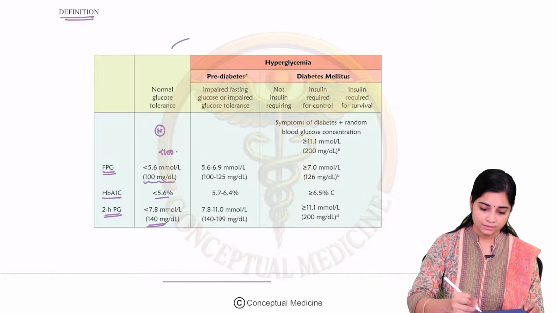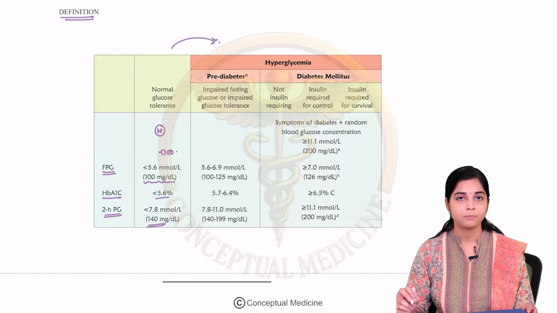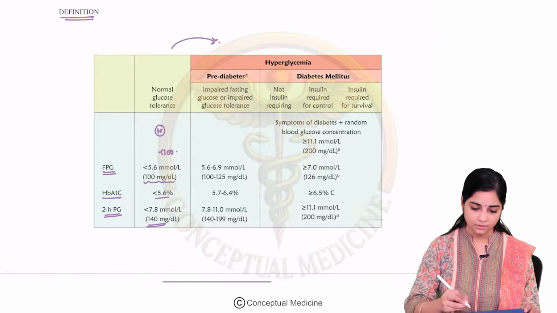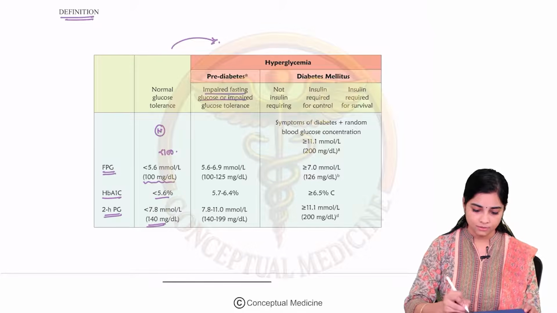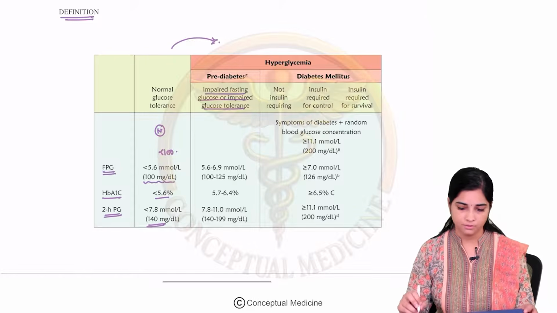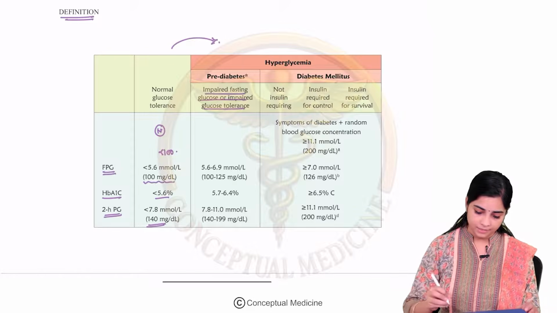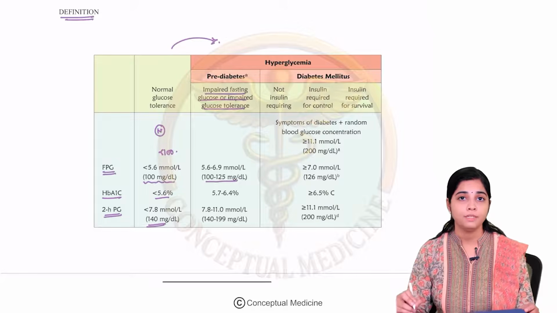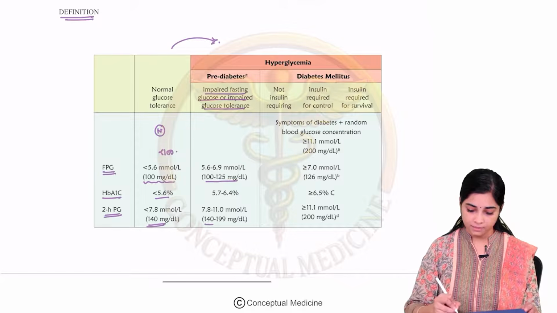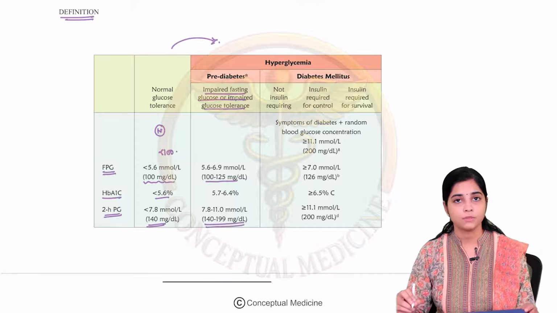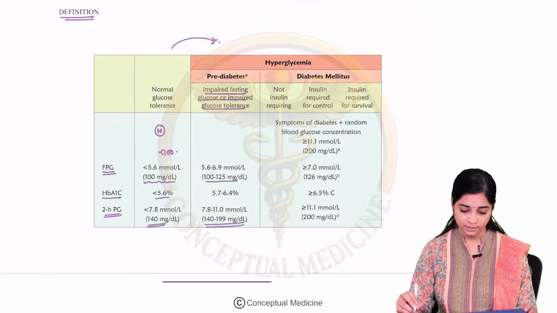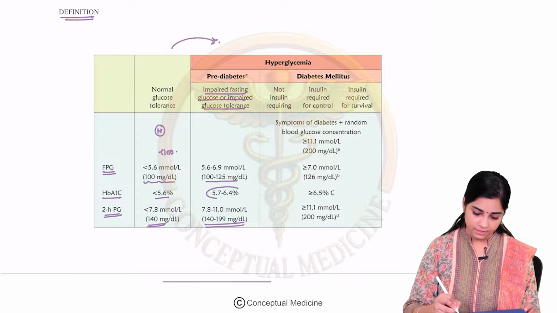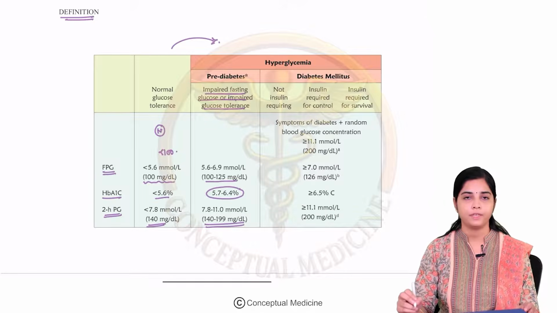Then this goes into a stage of pre-diabetes, or impaired fasting glucose or impaired glucose tolerance. In pre-diabetes, the fasting glucose is between 100 to 125 milligrams per deciliter, the 2-hour postprandial glucose is 140 to 199 milligrams per deciliter, and HbA1c is 5.7 to 6.4.